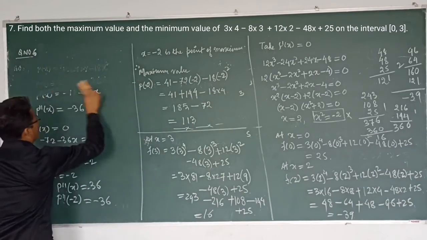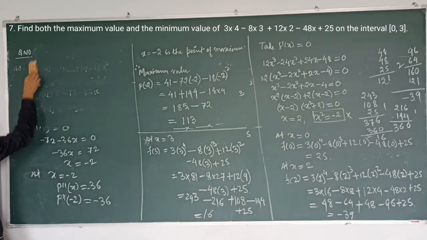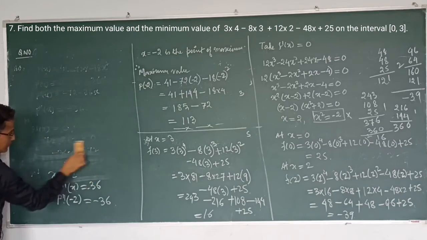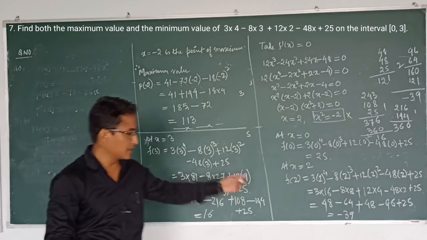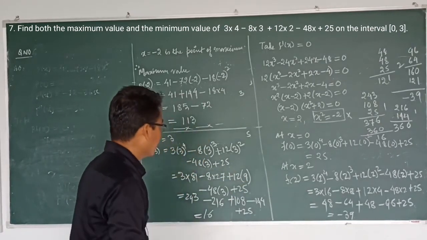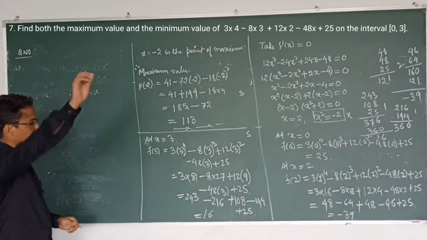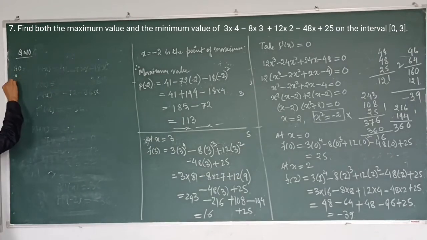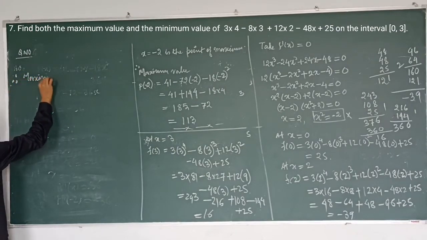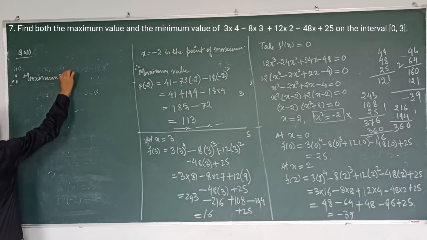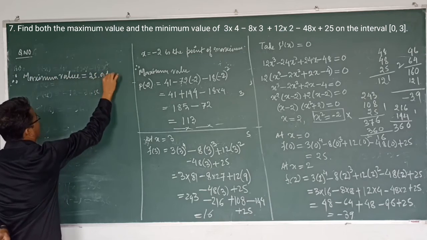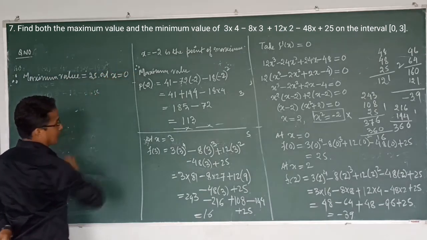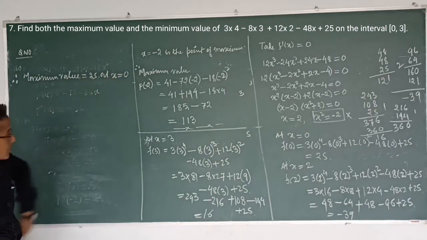Therefore, after that we write here the maximum value we will get at 0, that is equal to 25, and the minimum value we get at 2, that is minus 39. So therefore we write maximum value equal to 25 at x equal to 0. At x equal to 0 we will get 25.